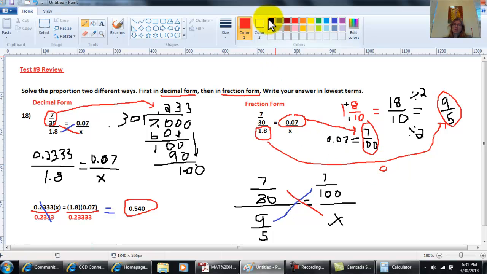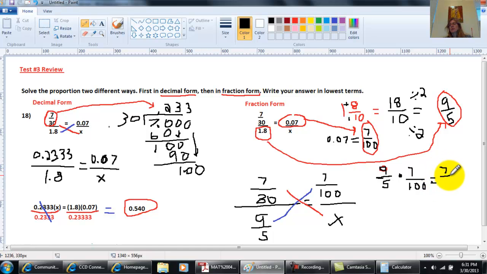9/5 times, I'll put a little multiplier, 7/100ths will then equal 7/30ths times x.